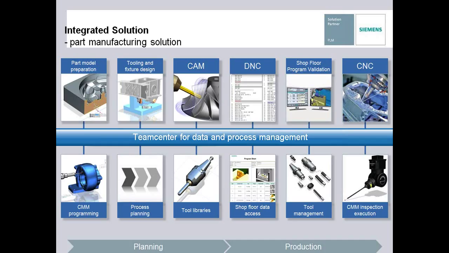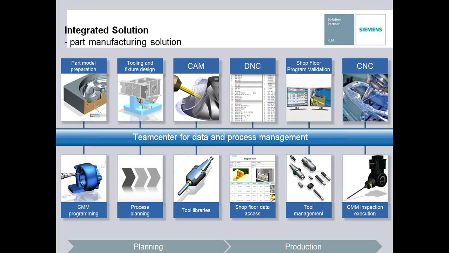Siemens provides a complete solution set to define a part manufacturing plan and take it to the shop floor for execution. This diagram represents our view of a complete part manufacturing solution. It extends from the part model preparation, which would be more of your NX CAD, all the way through design, to production, and out to the shop floor.